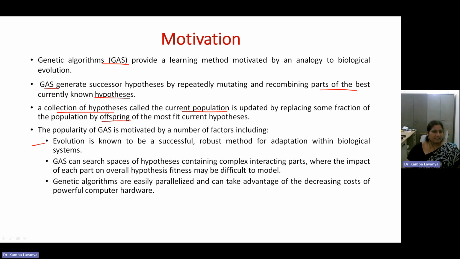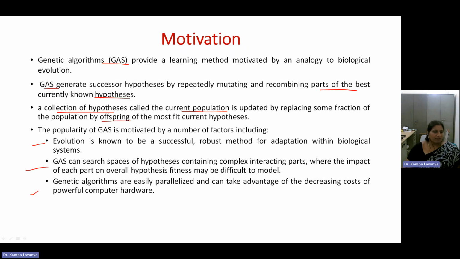The second factor is that the search space related to the hypotheses we are considering has complex interacting parts, and the impact of each part influences the overall hypothesis fitness. That means we evaluate the fitness of a particular hypothesis based on the individual parts of the hypothesis.